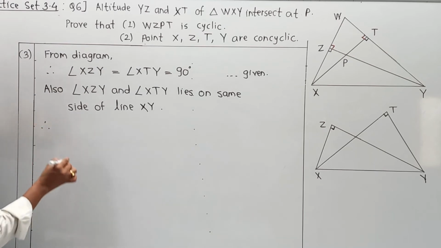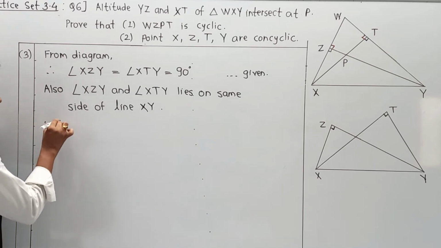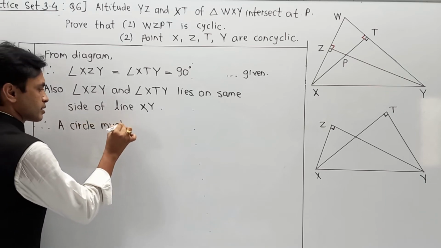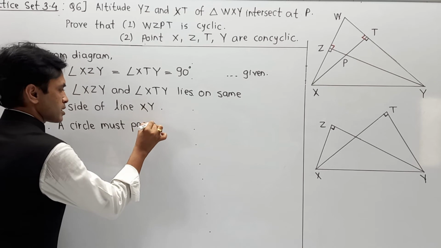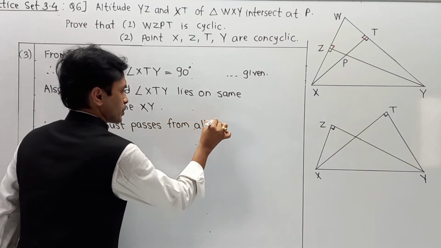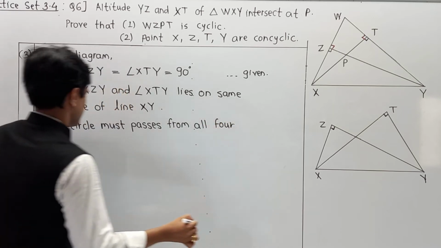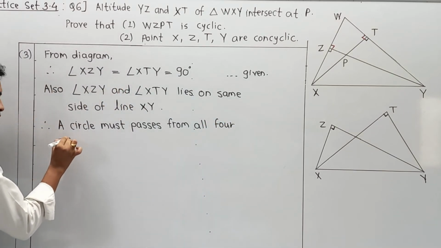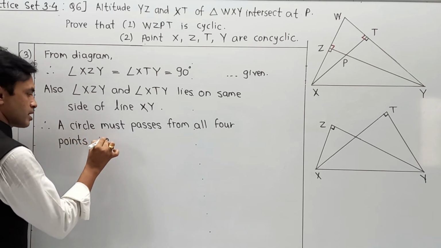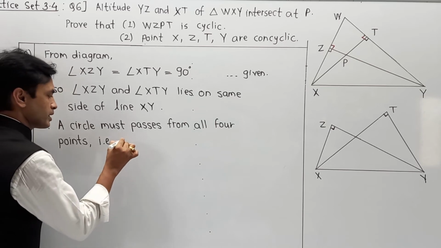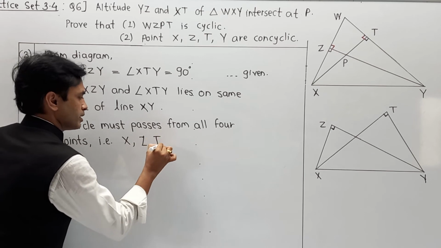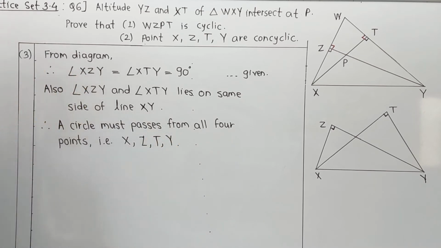Therefore, a circle must pass through all four points, that is X, Z, T and Y, and definitely we can say that.